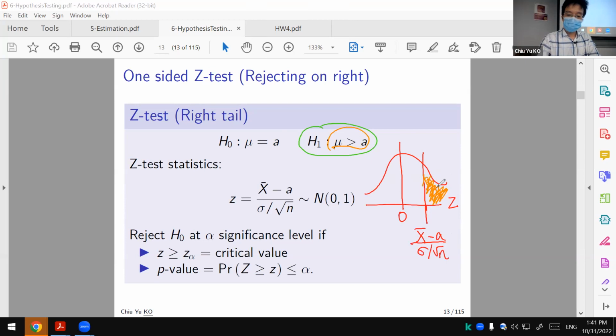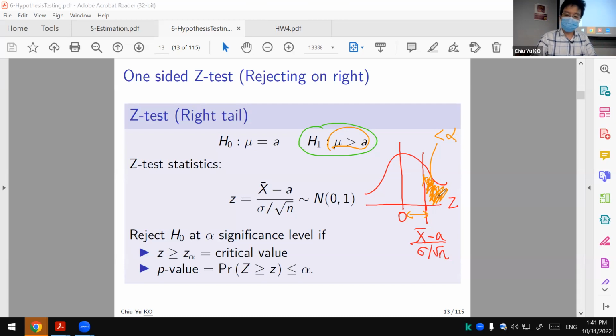If this area is less than alpha, then you reject, because less than alpha means that this distance is very large. That means that what we claim cannot be supported by data. If this is bigger than alpha, then you have no problem, right?